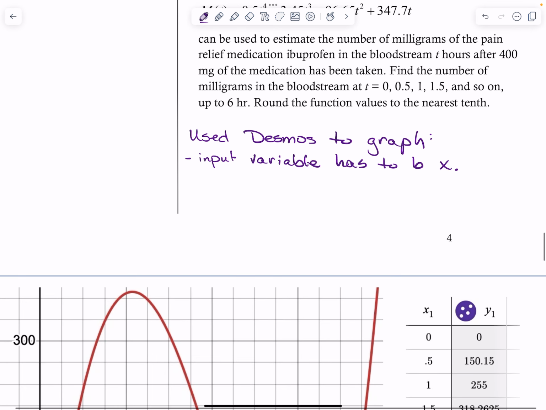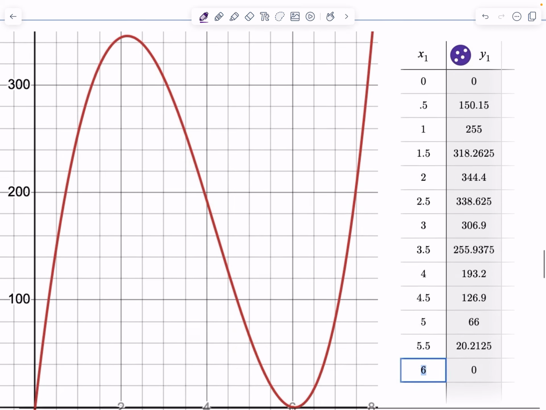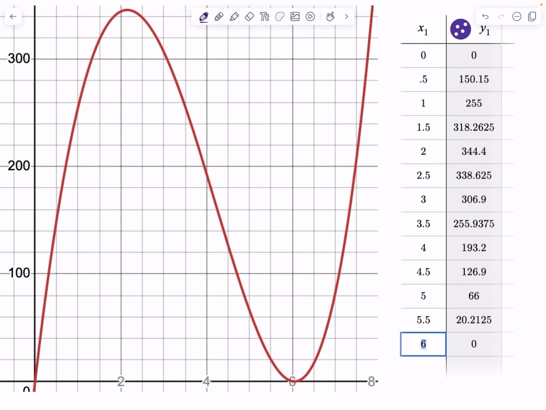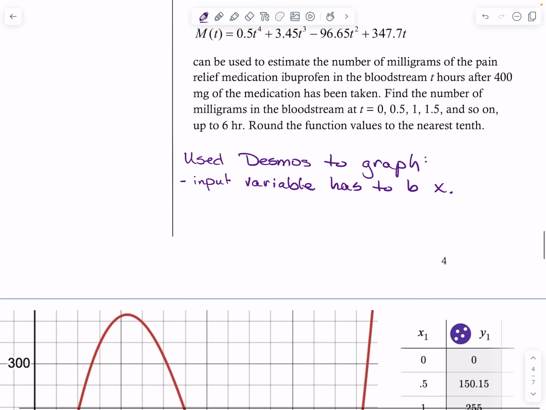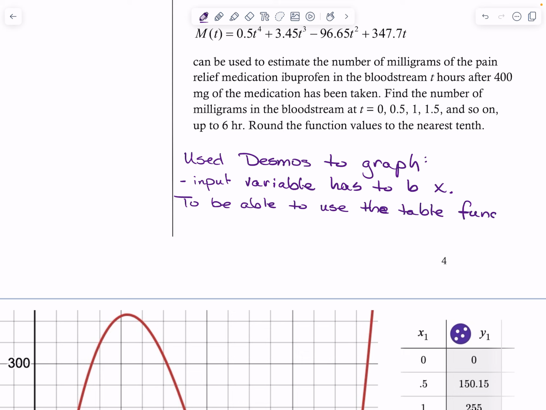I also used the table function to find the y values for the required x's. To be able to use the table function, I need to let Desmos know that's what I'm going to do. So I plugged it in like this.